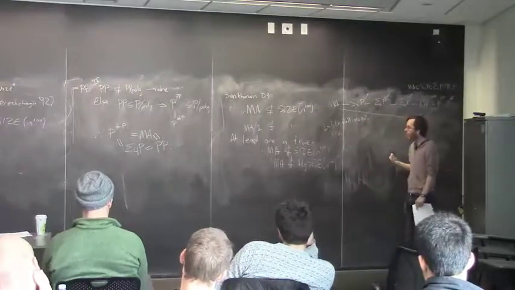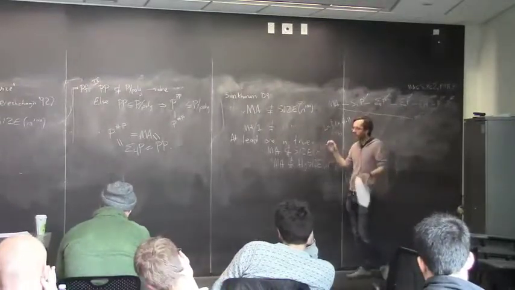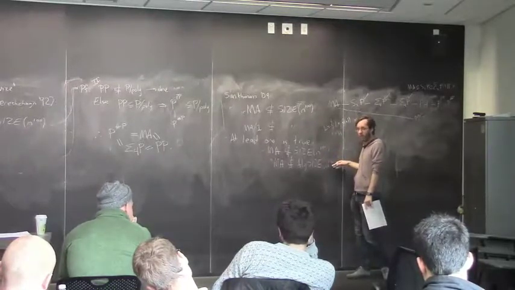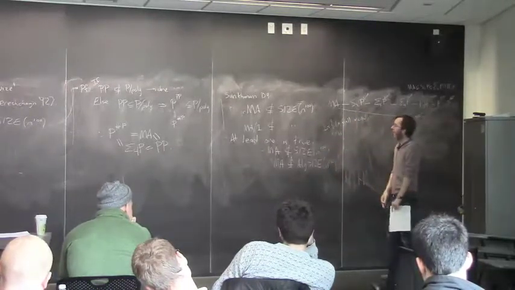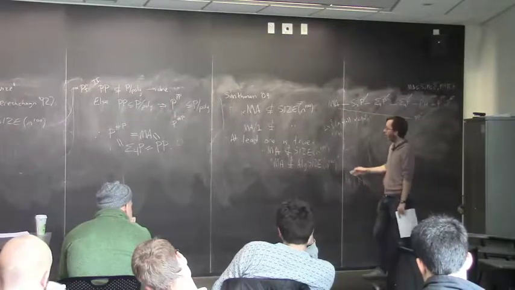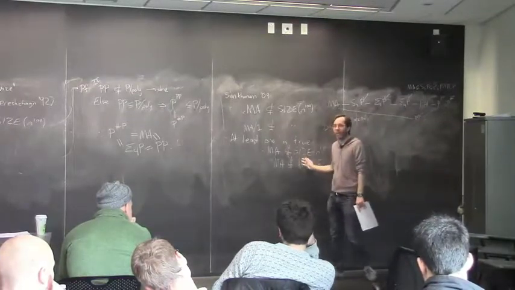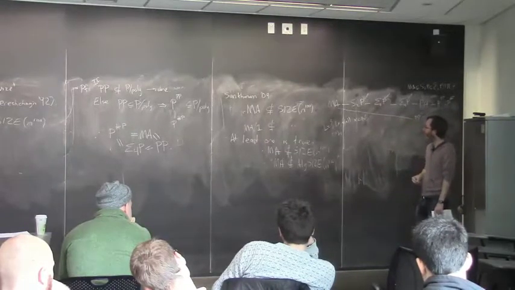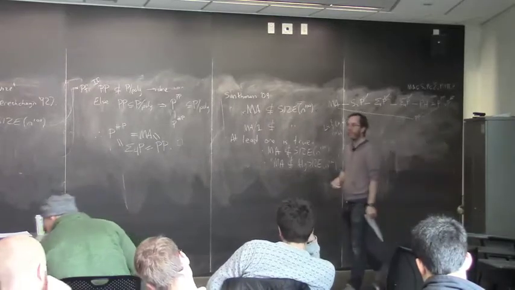So somehow MA either doesn't have normal circuits of size n to the 100, or in a sense it doesn't have arithmetic circuits of size n to the 100. And if you really want exactly MA on the left-hand side, you can get this, using only the ideas from this lecture plus a bit more. OK, so I'll stop there and see you next week.